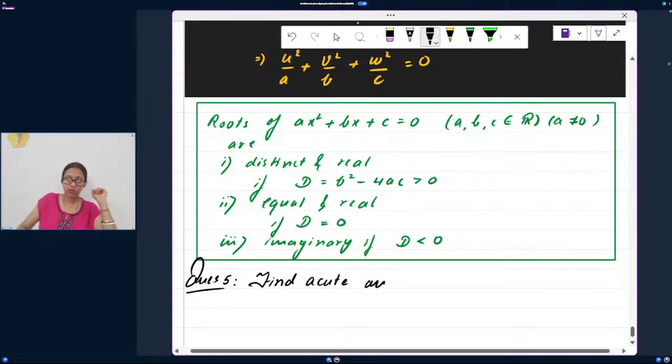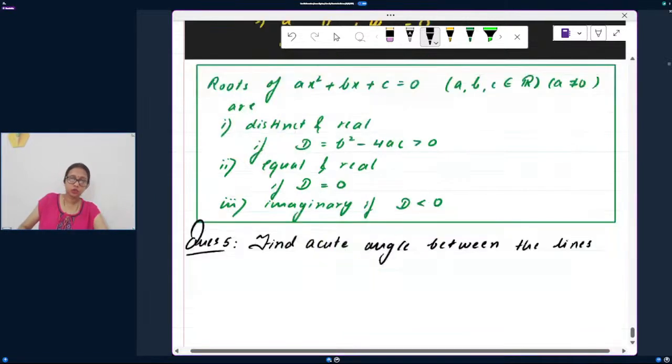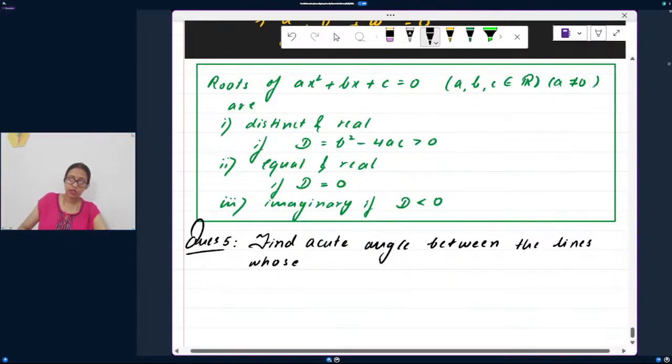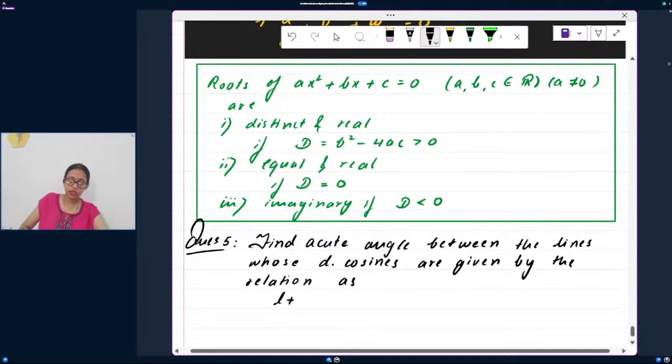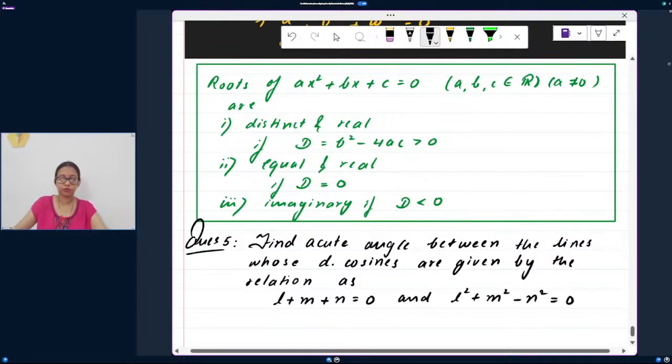Find the acute angle between the lines whose direction cosines are given by the relation l plus m plus n is equal to 0 and l square plus m square minus n square is equal to 0. It's an easy question. Try.